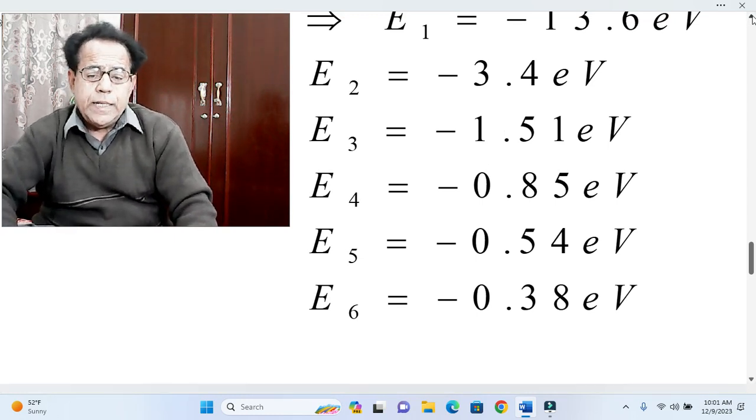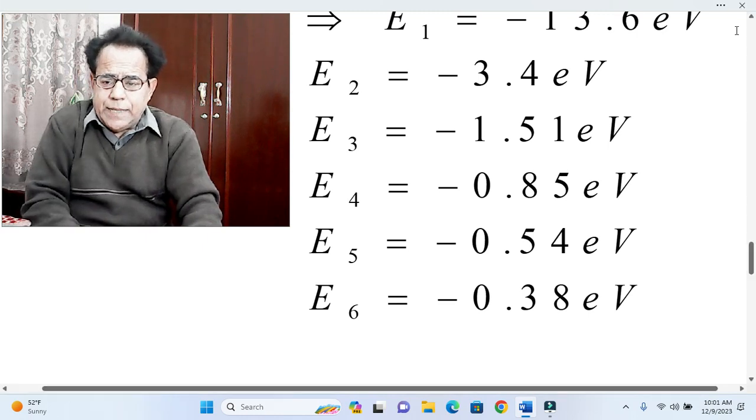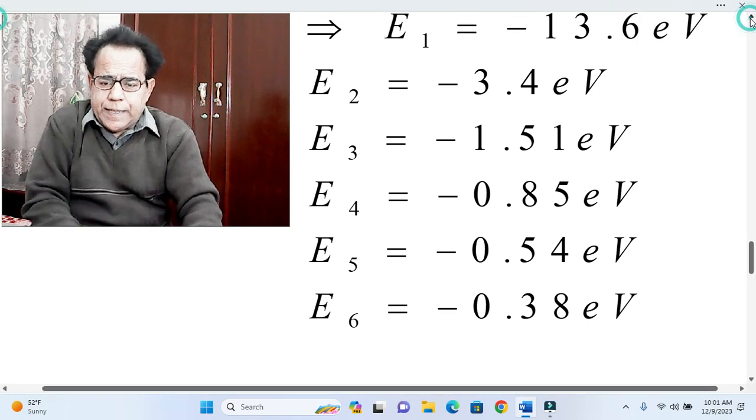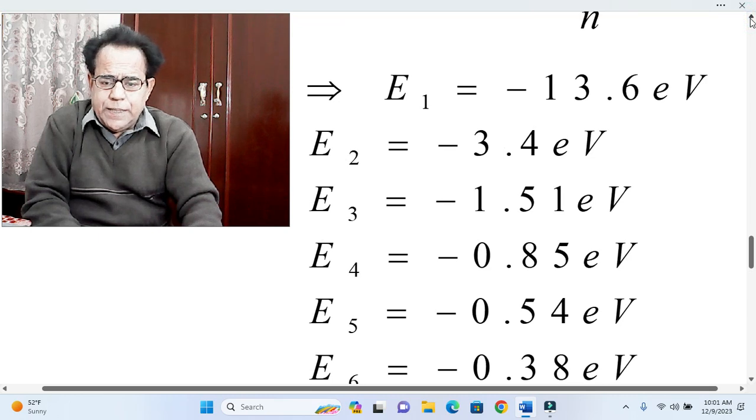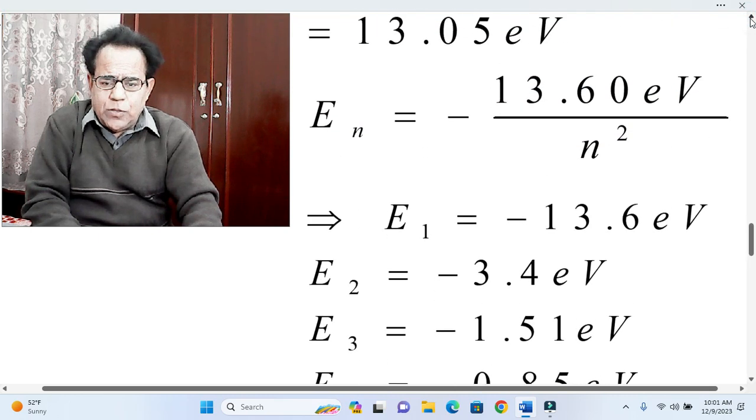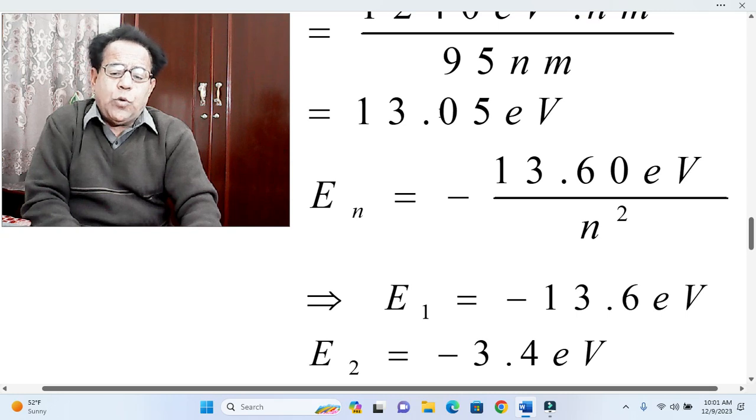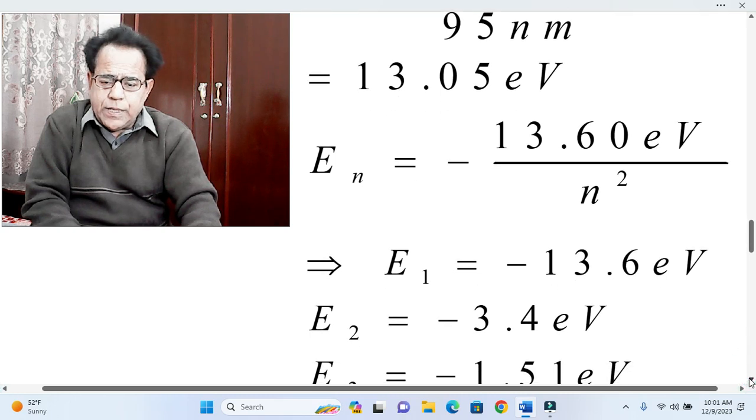Okay, dear students, keep in mind that we have to make a comparative relation with this value, 13.05.